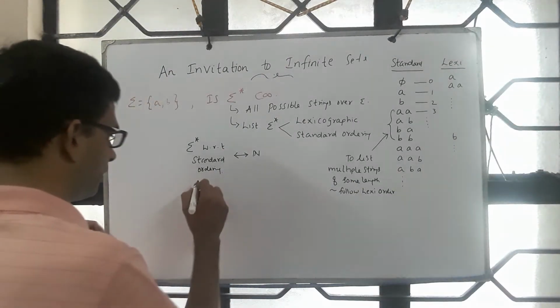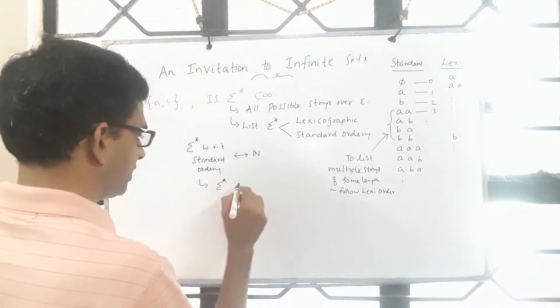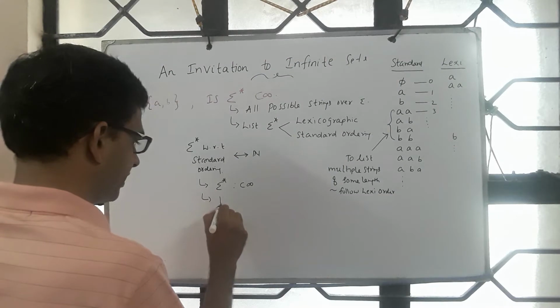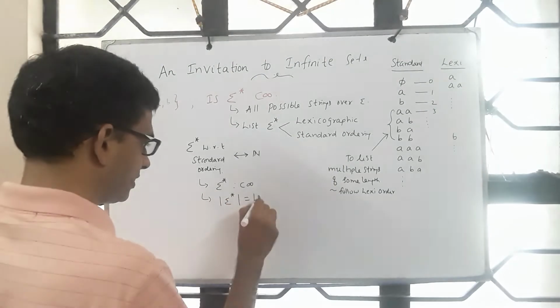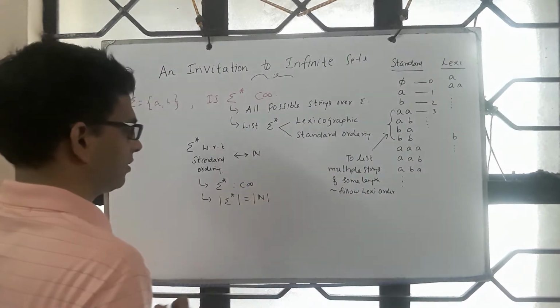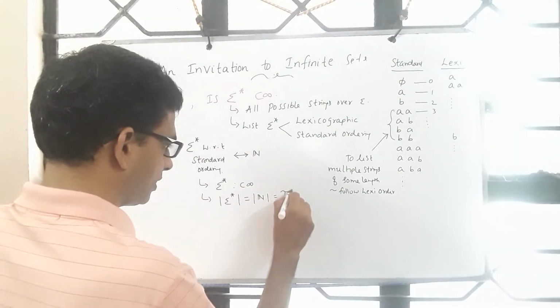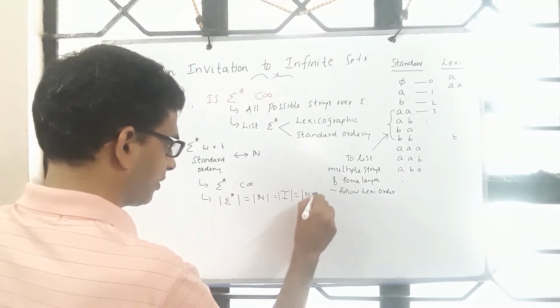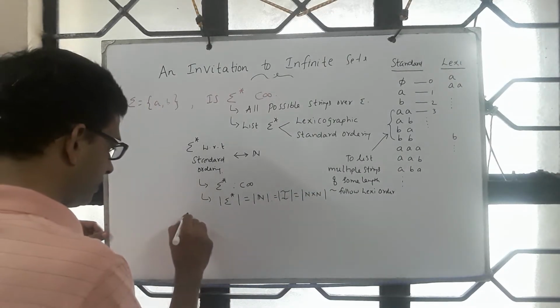So now, because of this, I can conclude sigma star is countably infinite. Not just that, because of the bijection, cardinality of sigma star is same as cardinality of n. And subsequently we know that this is same as Z, and this is same as n cross n. What is this telling us?